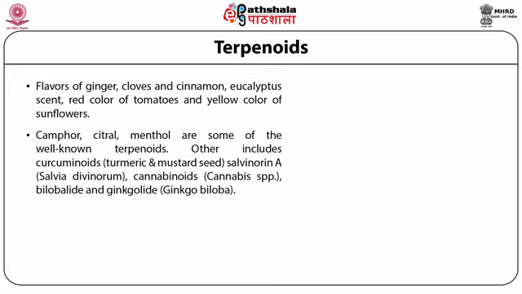The other terpenoids include curcuminoids present in turmeric and mustard seed, salvinorin A, which is present in Salvia divinorum, cannabinoids present in cannabis species, bilobalide and ginkgolide present in Ginkgo biloba.